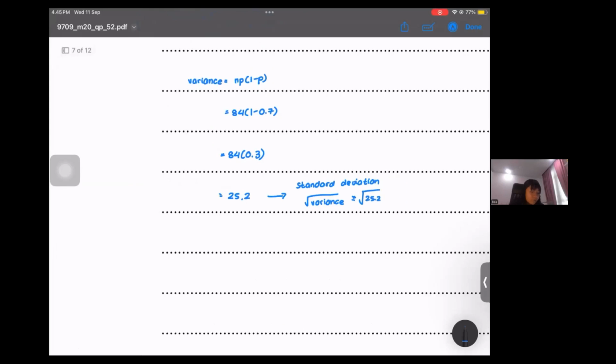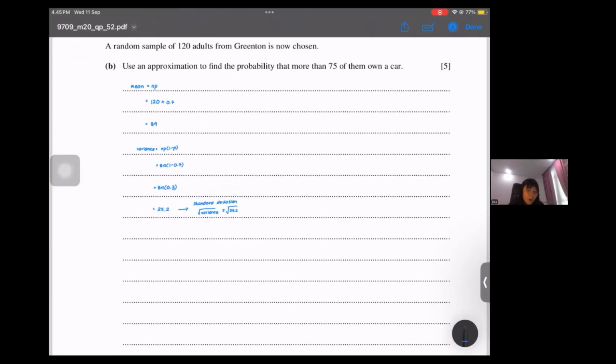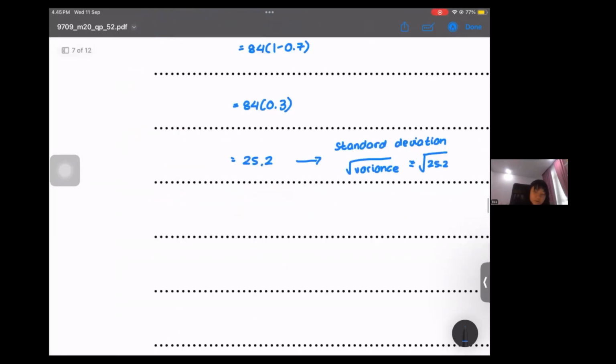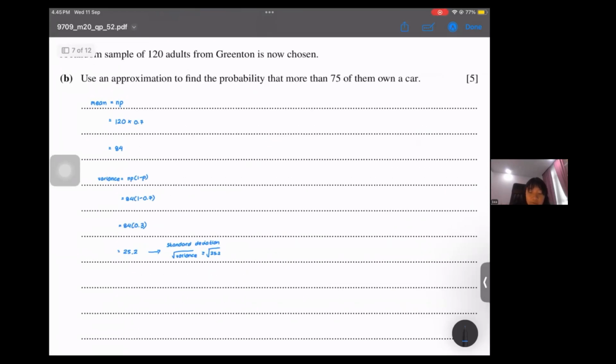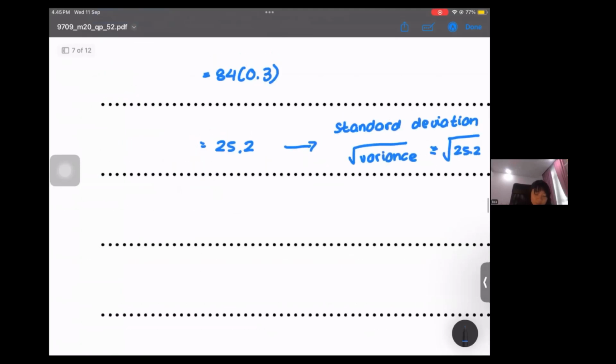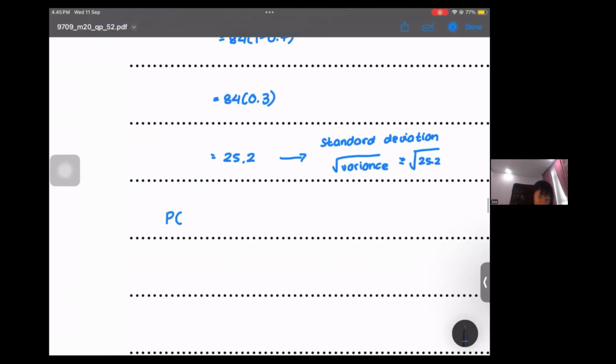Now we will find the probability for this. So based on the question, find the probability that more than 75 of them own a car. So we can place into this statement, P(X larger than 75).